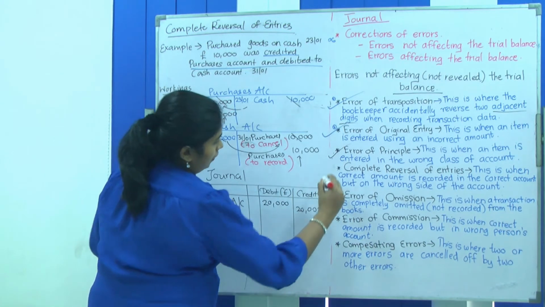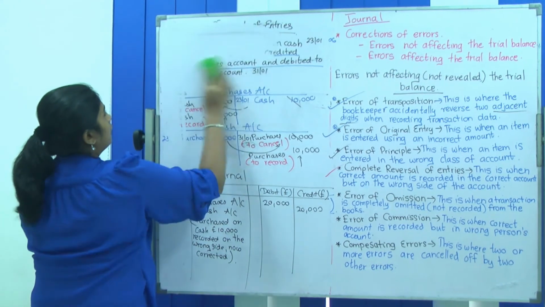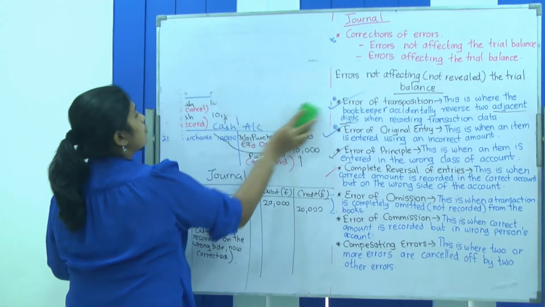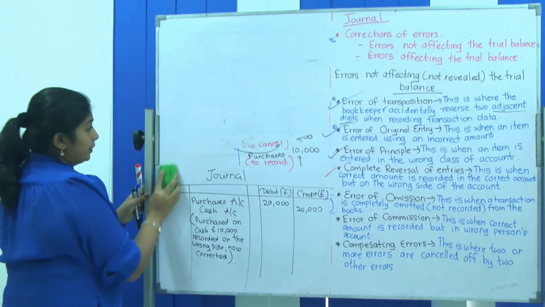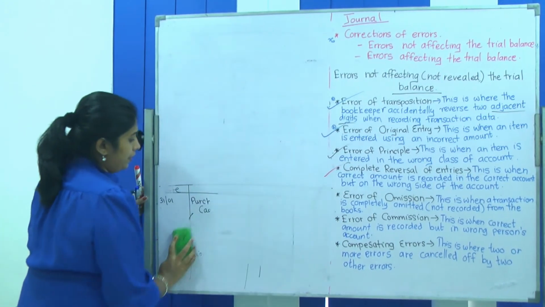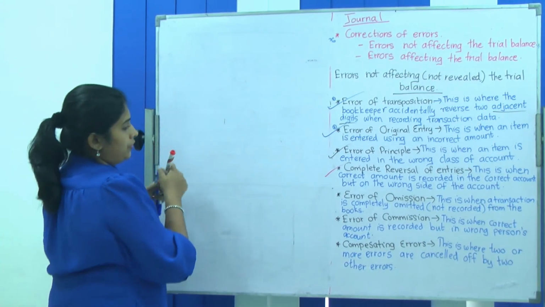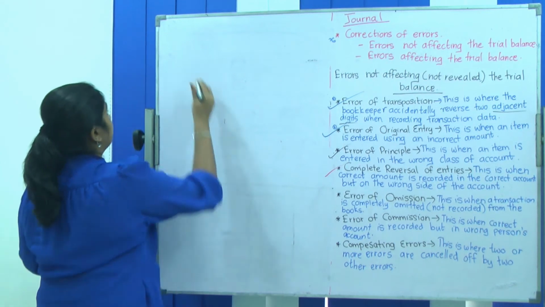Now we'll do the other type of error, error of omission. The word omission means not recorded, omitted. That means the whole transaction has not been recorded in the books.